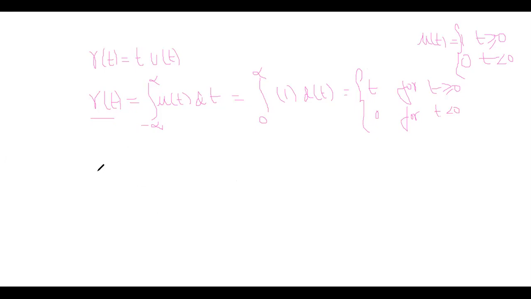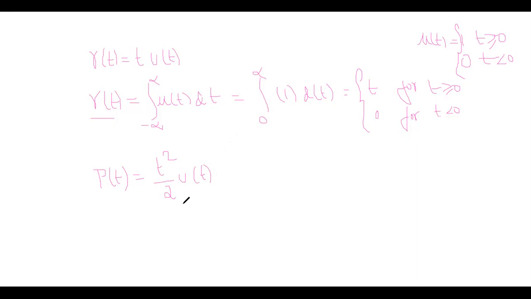Now the parabolic function, I am writing it as p of t, is equal to t square by 2 mu of t, the step function. How is it the integral of t mu of t?